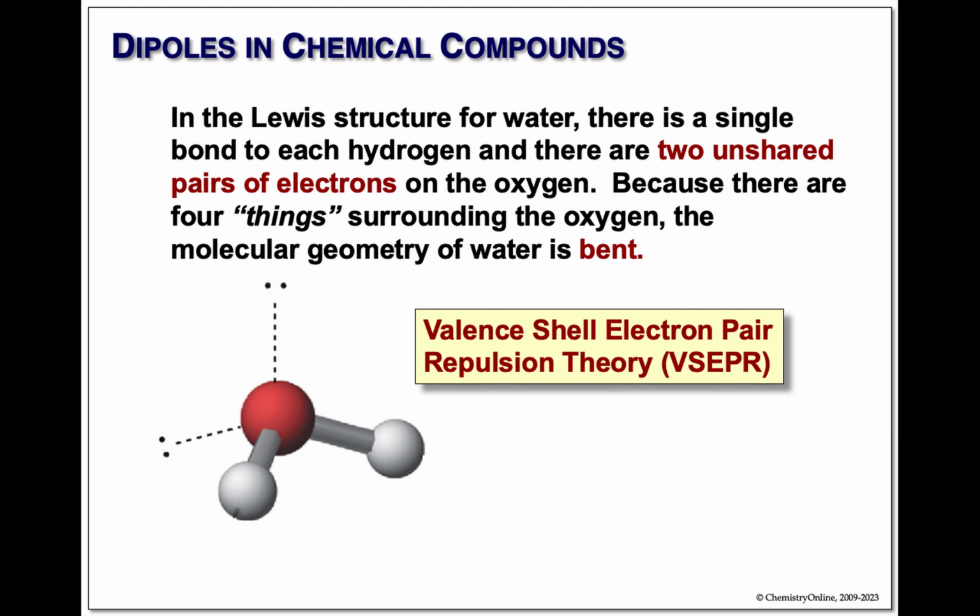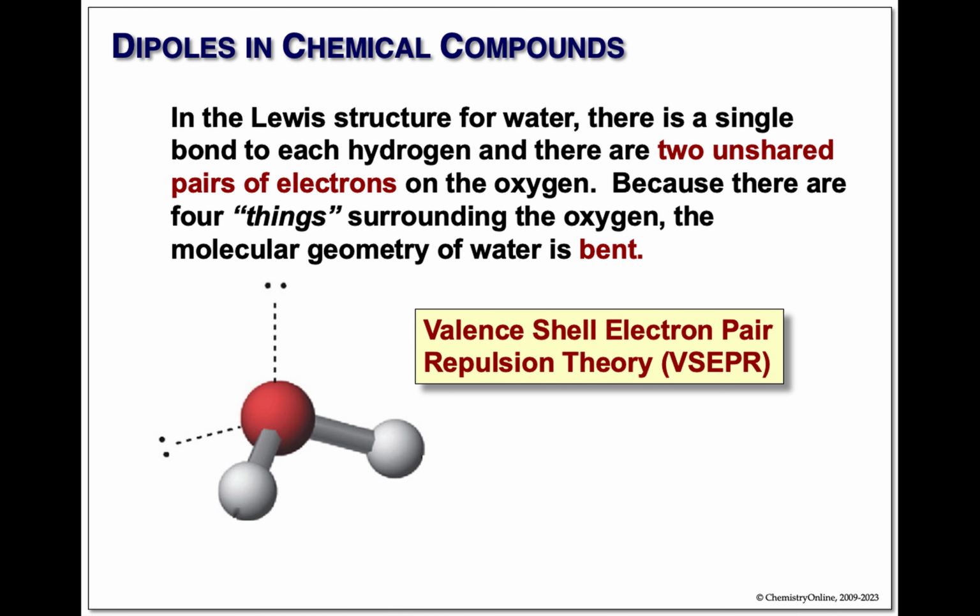With water, we have 4 things. The theory tells us that means that water must be bent. It's bent because this is what's called tetrahedral geometry.